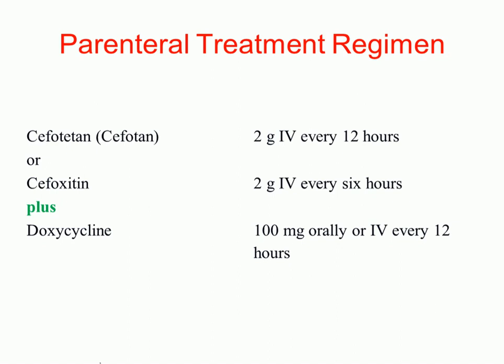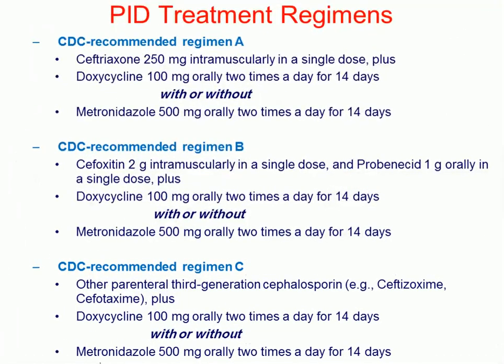Another example, cefoxitin 2 gram intravenous every 6 hours, also till symptoms are relieved by 24 to 48 hours. Then continue oral treatment. CDC recommends certain regimens, different regimens, A, B, C. We can take any one of them.